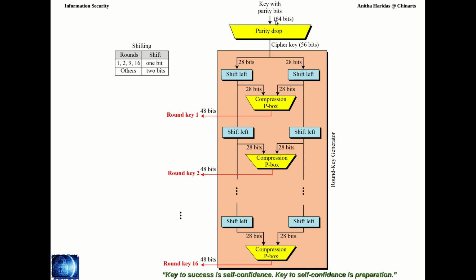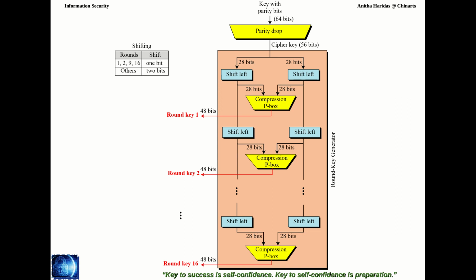So in general, for the DES algorithm, the plaintext, the ciphertext, as well as the key will be of 64 bits in length. The 64-bit key will be converted to a 56-bit key before being given to the round key generator. So this point all of us must note.